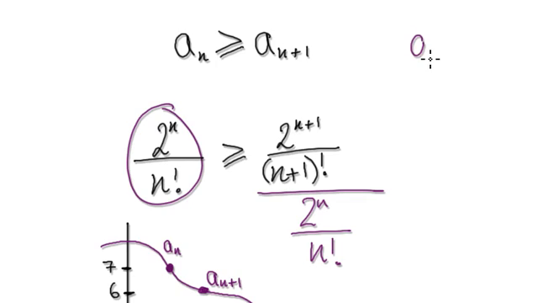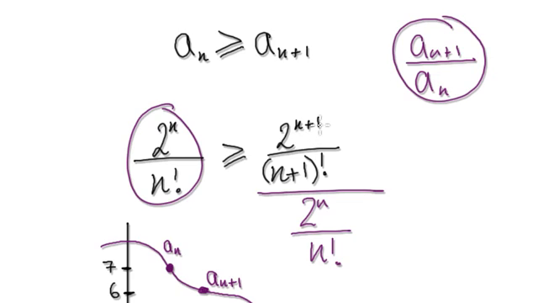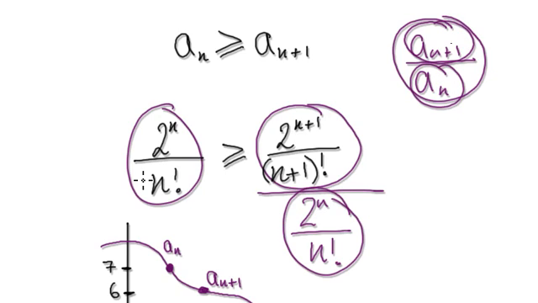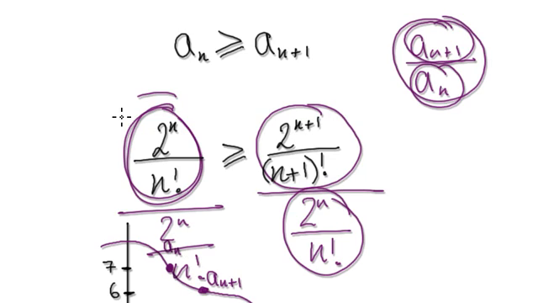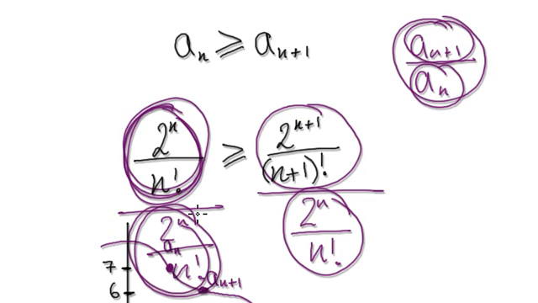Basically, we are trying to get a_(n+1), the next term, divided by the current term. So this here is our a_(n+1), this here is our a_n, and then we divide this by the exact same thing. So this thing here will eventually be 1, because exact same thing divided by exact same thing. This side is going to be 1.